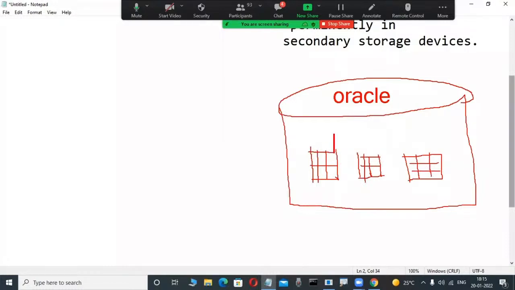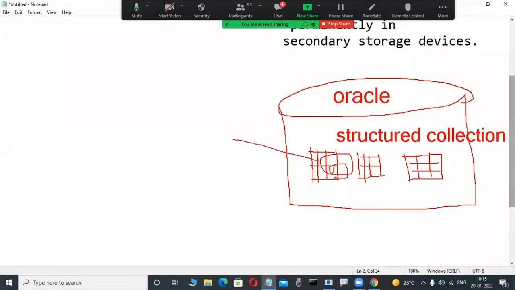All relational databases store a structured collection of data. That is important, not non-structured. Non-structured means other databases are there. Oracle is one of the popular relational databases, storing a structured collection of data.